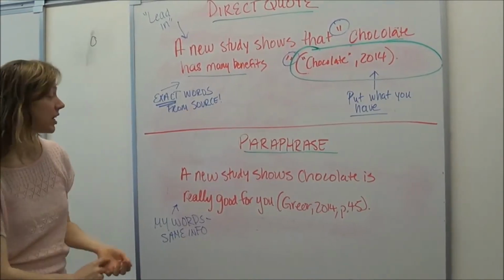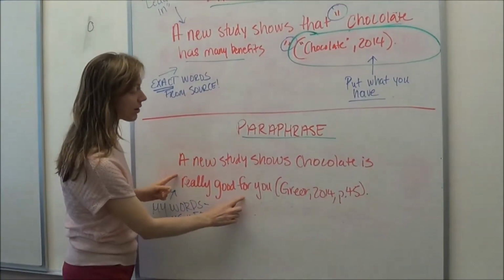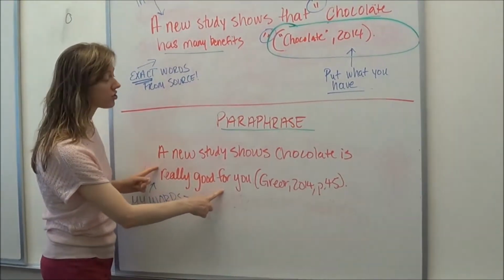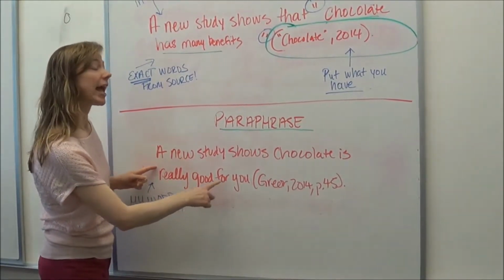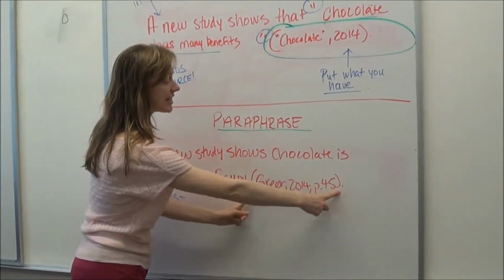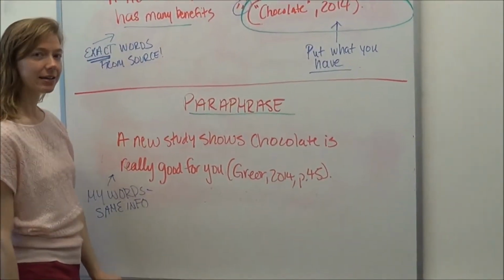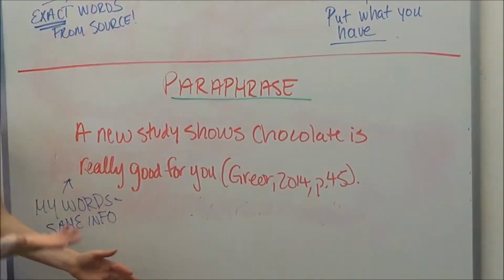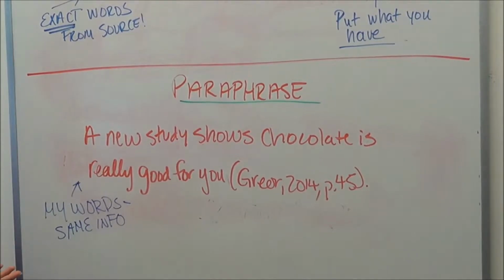You do. So anytime you take information from an article or a web page, a source of any kind, and you put it in your own words, you still must put the in-text citation at the end. However, you will not have the quotes because the words are not exactly the same.